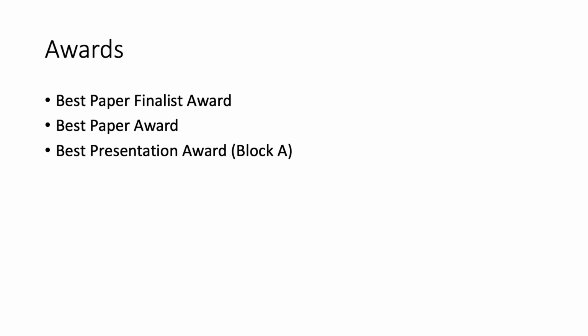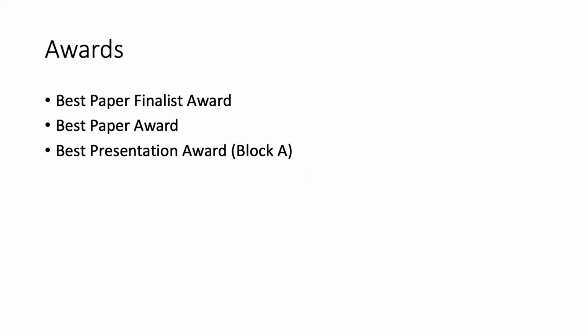Now we're here to present the Best Paper Finalist Award and Best Paper Award. These two awards are for the whole workshop, so Block A and Block B, covering the 9 papers in Block B as well. And the third award presented today is the Best Presentation Award for Block A. Okay, so why do we do it that way?